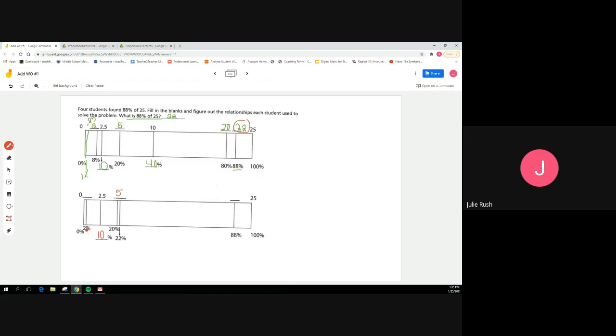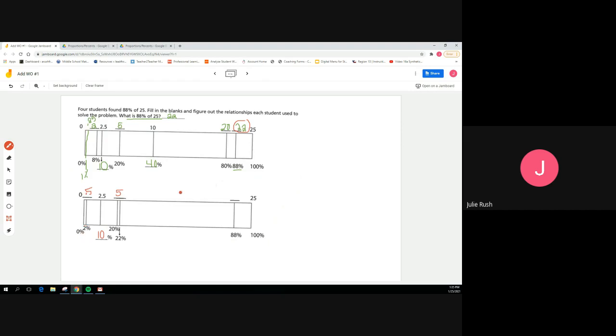Divided that by 10 to get to 2. See, that's where we get the 0.5 is 2% because 0.25 is 1%. 88 would be 8 times the 10, right? And then we would have to do 4 there.